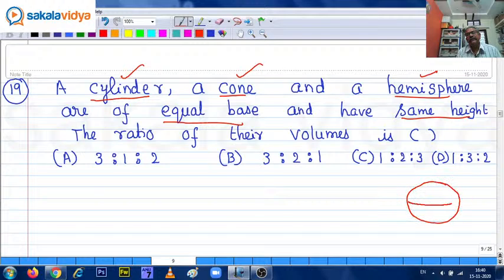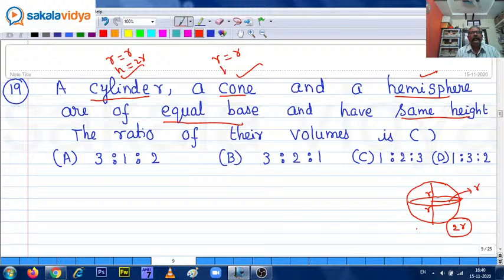For example, radius is R, and this is the height of the hemisphere, which will be R. Height of the hemisphere will be 2R, the diameter. That means the height of the cylinder is also 2R. Radius is R and height h is 2R. Here only one parameter, R, for the hemisphere.